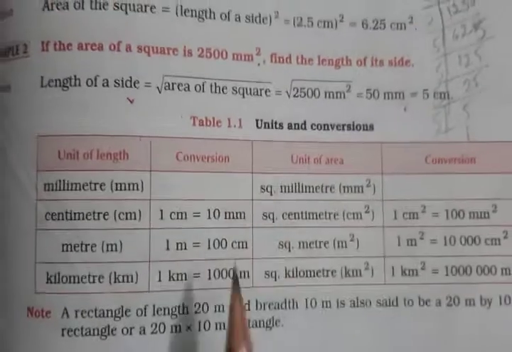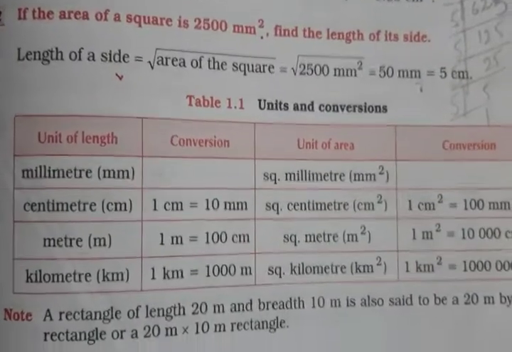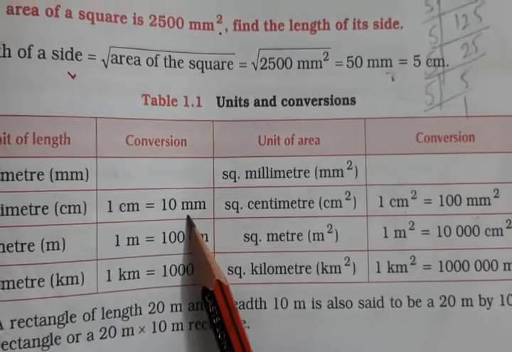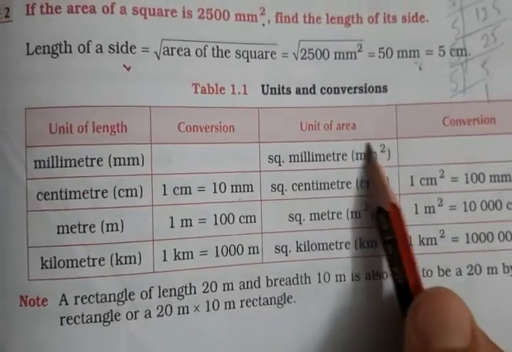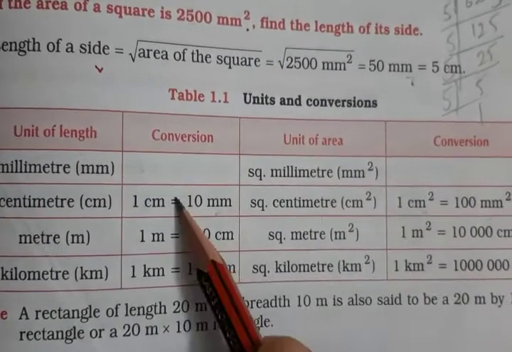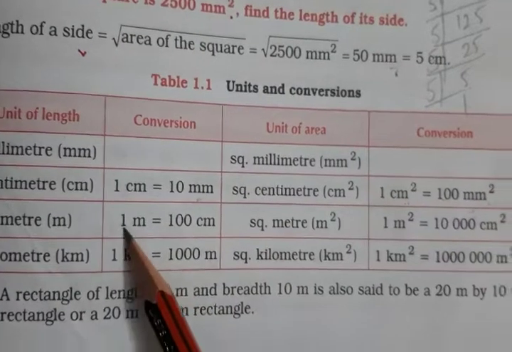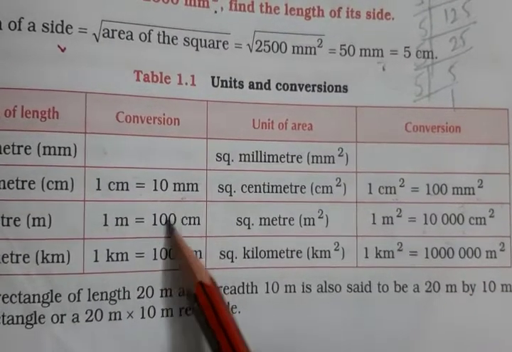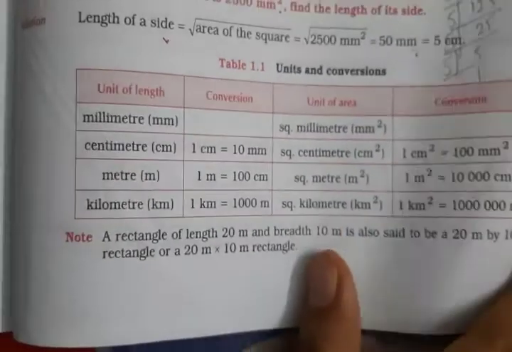These are all units and conversions: how to change centimeter into millimeter, and how to change the square. 1 centimeter is equal to 10 millimeters. That means the unit of length is this much, and the unit of area is 1 centimeter squared equal to 100 millimeter squared. That means if you square the length units, you also square the area units. Similarly, 1 meter is equal to 100 centimeter, so 1 meter squared is equal to 100 squared centimeter squared, which means 4 zeros will come. This also squares the same as it is. Understand? Now let's come to the next example.